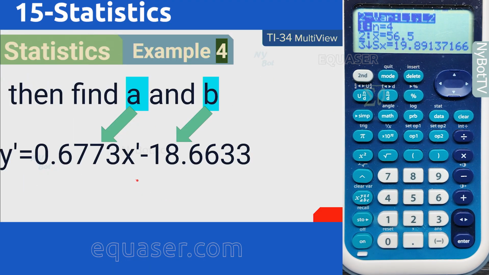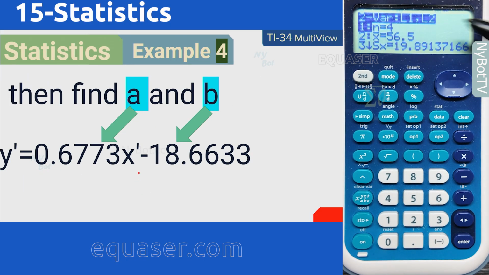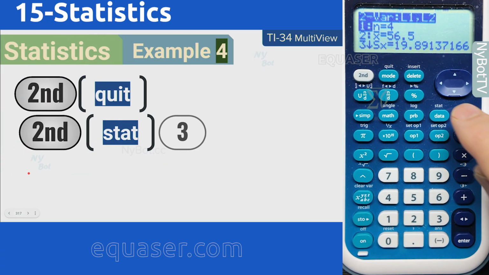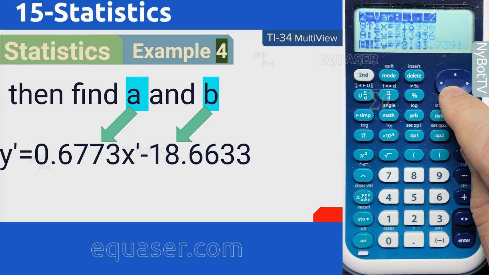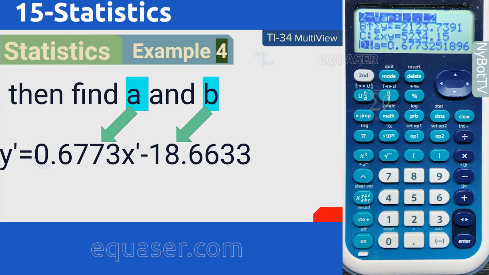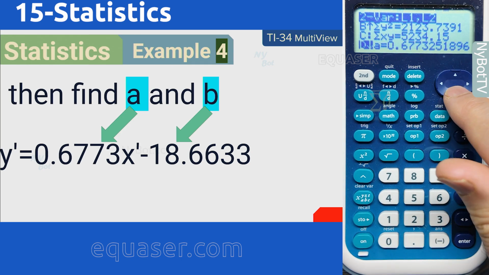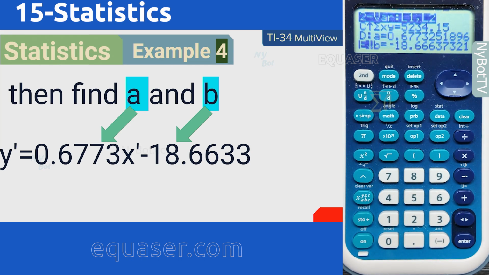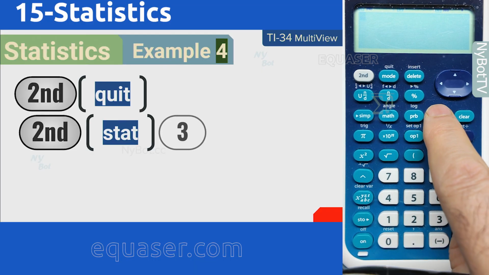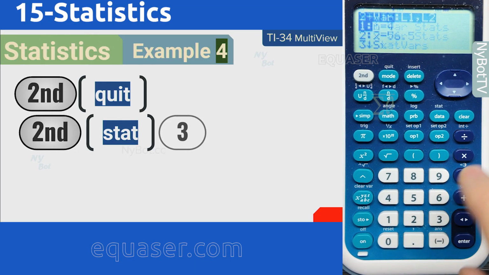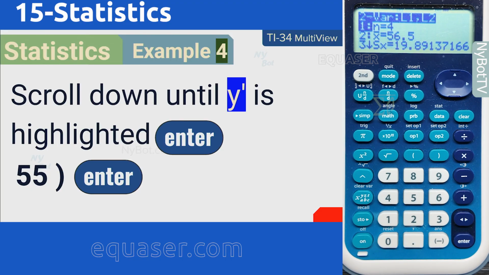It has been calculated. Now from this screen we can see for our equation we find a and b, and we will construct our equation for y prime. If I go down, we will see a and b. This is a, the coefficient or slope, and this is minus 18, that's our b. Now press second function quad and second function stat, this time 3, and get y prime.